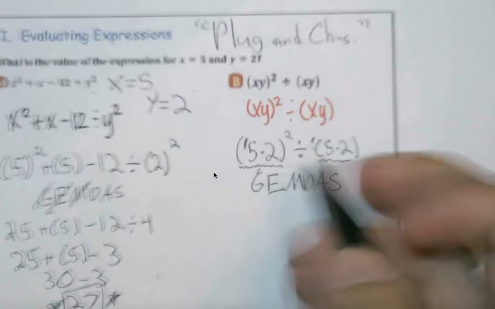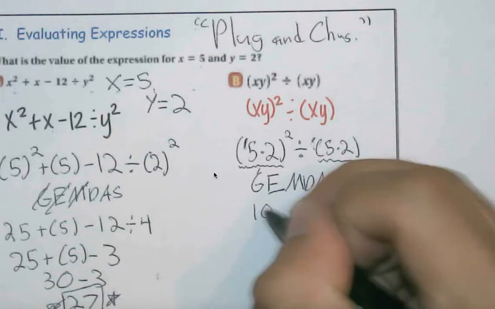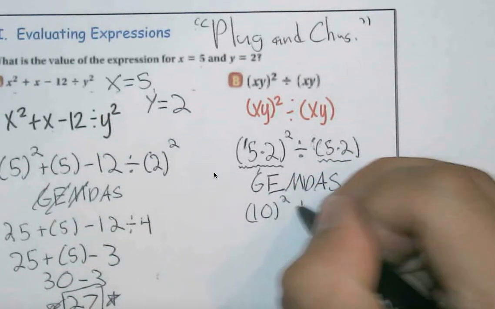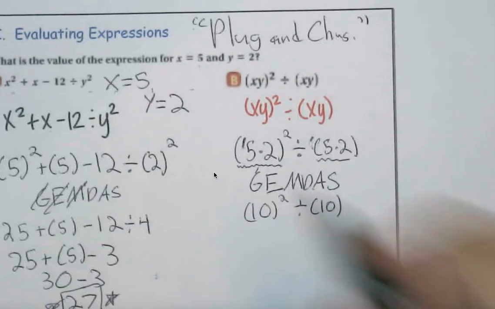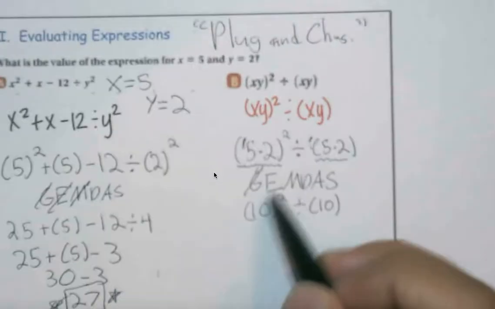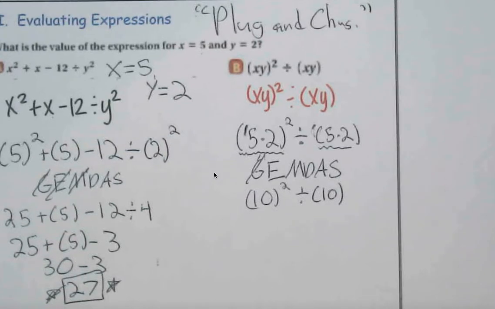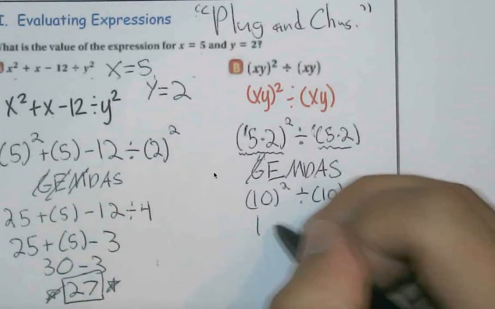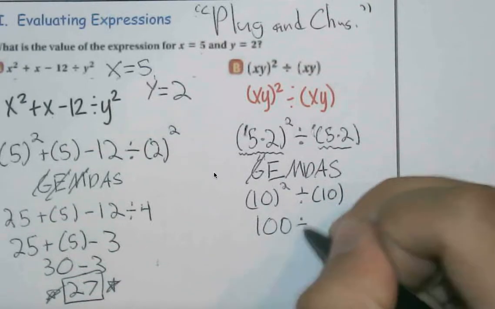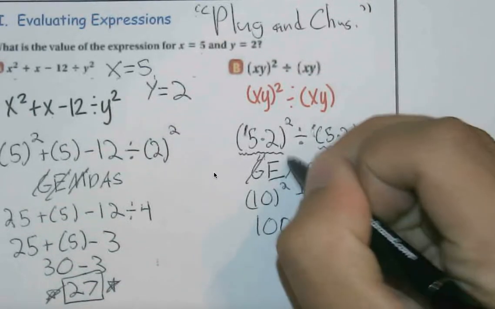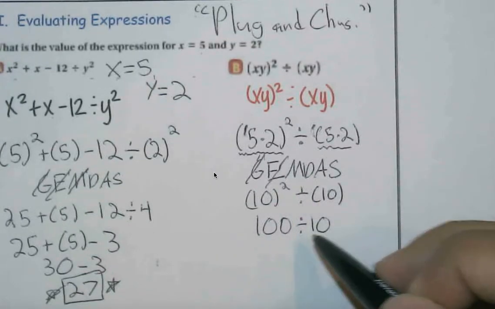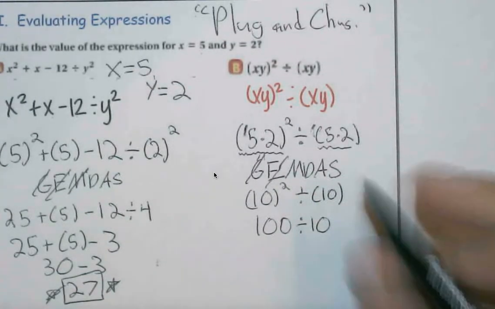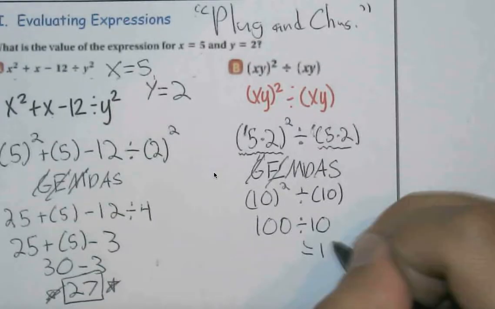We know 5 times 2 is going to get us 10. So we have 10 squared divided by 10. So grouping's done. With exponents, can we simplify anything? 10 squared, we can rewrite that as 100. From here, multiplication and division. All we have is division left, so 100 divided by 10 is just 10.